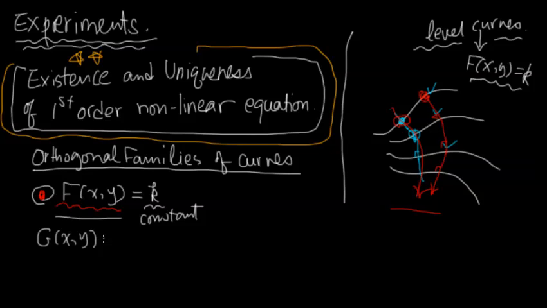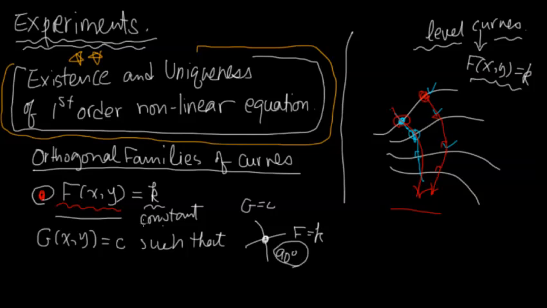Hopefully in this form, such that these two things are always crossing and orthogonal, this is coming from f of k and this is coming from g of c, and they're intersecting here at a 90-degree angle in terms of their tangent vectors. So that's the existence question that addresses this part right here.